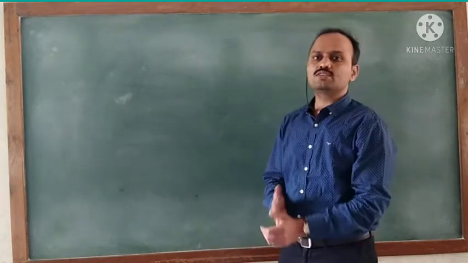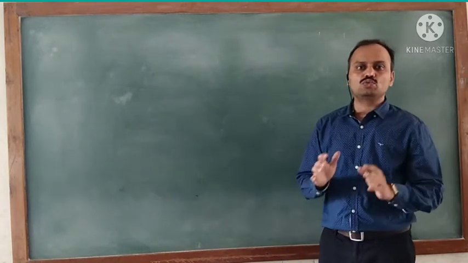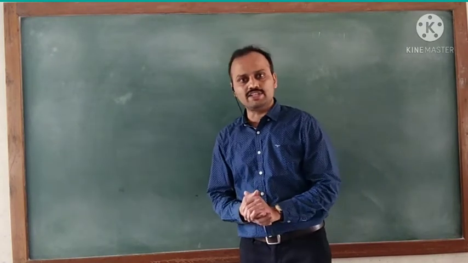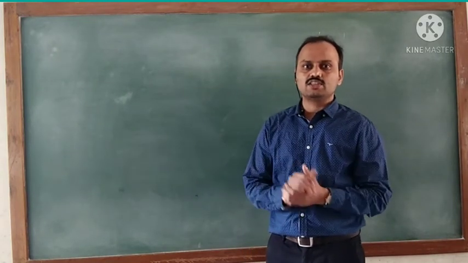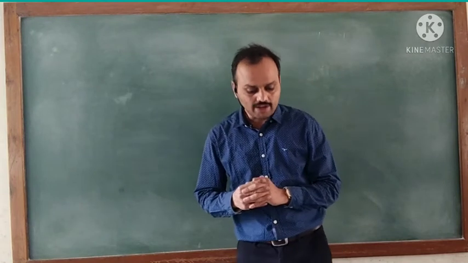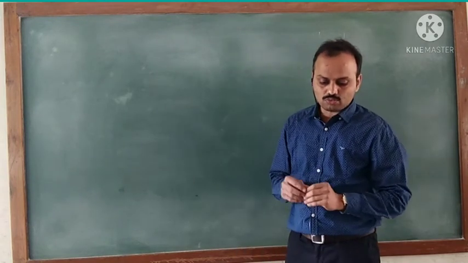Students, in this video session, I am going to explain and demonstrate in front of you that activity. This activity is from our handbook, activity number 3 and page number is 126.